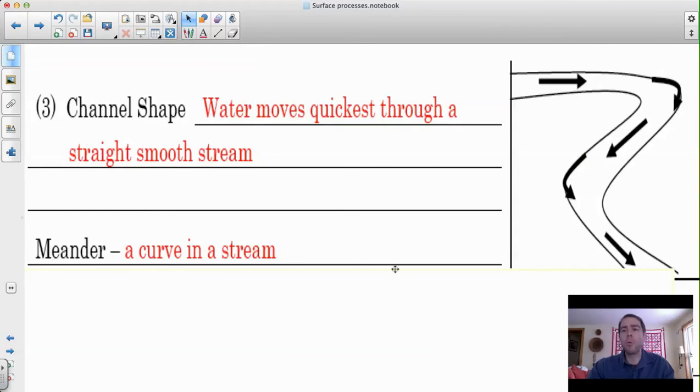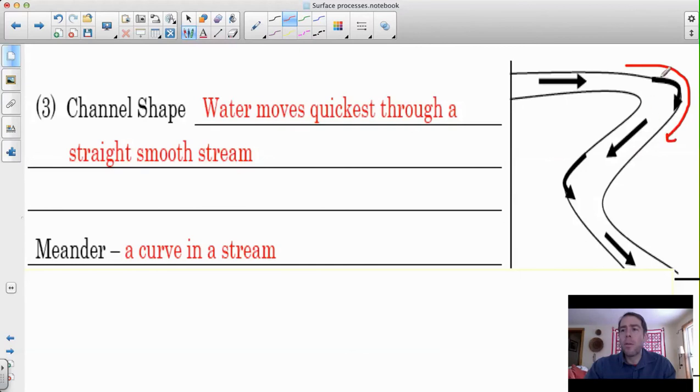And there's something really important about these meanders, and it has to do with where the stream is moving faster. If you're going around the outside of one of these meanders, the stream is moving fastest right around the outside here.